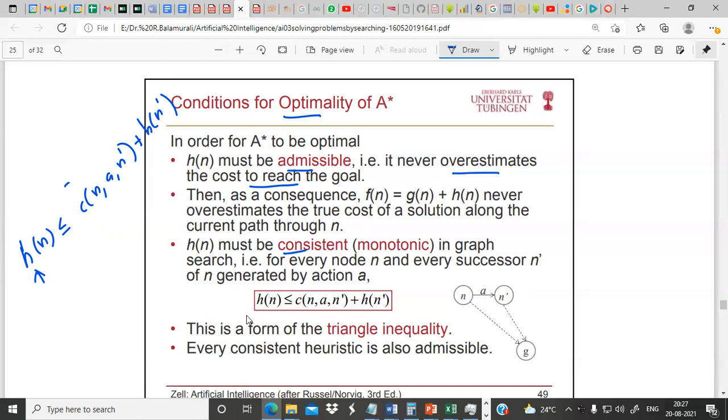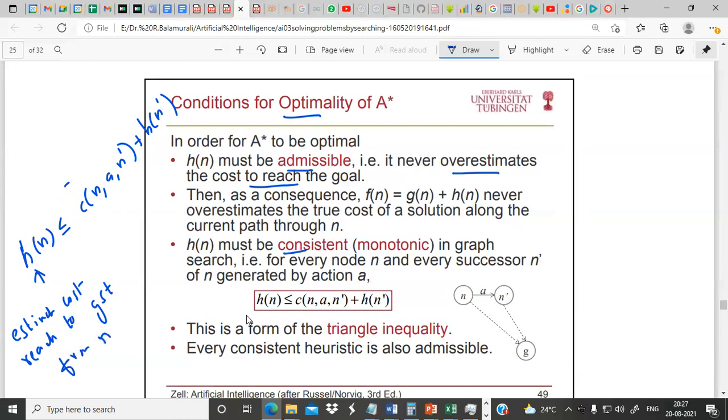So the current state is n. It is the estimated cost of reaching the goal state from n.